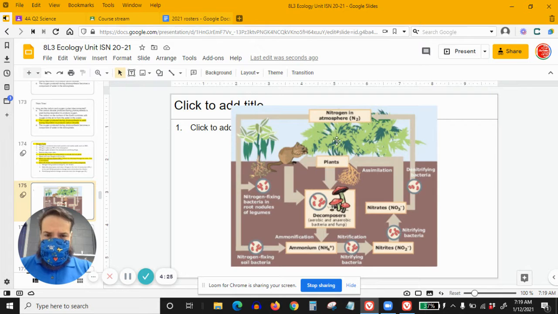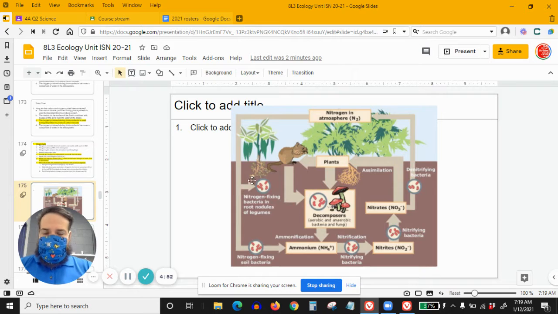So again, we have the plants. The plants get eaten. We have their roots absorbing nitrogen from the soil. That nitrogen came from nitrogen fixing bacteria or nitrifying bacteria. When animals die and decompose, the nitrogen goes back into the soil and gets broken down, so forth and so on.